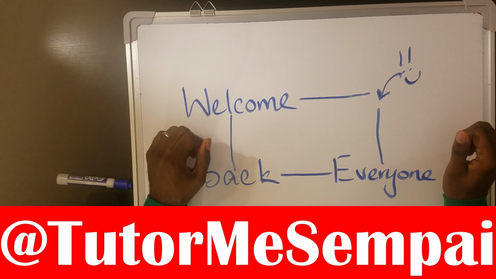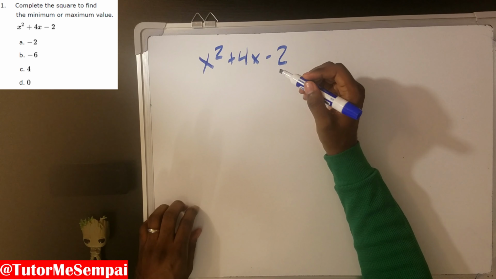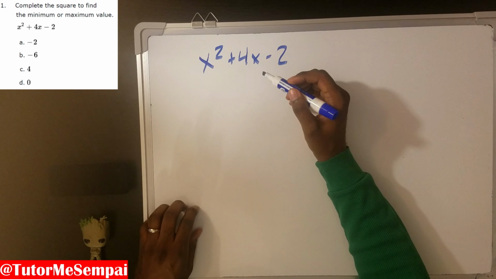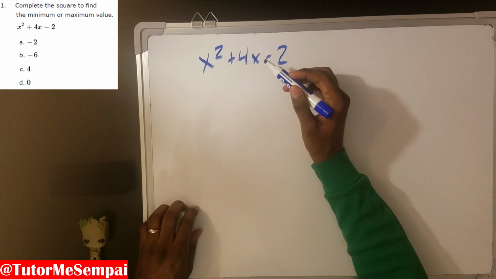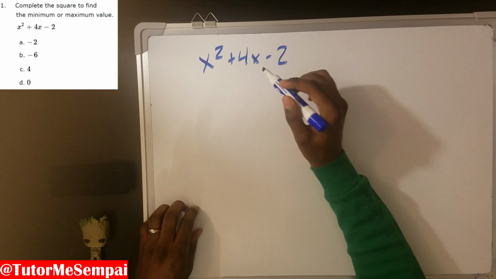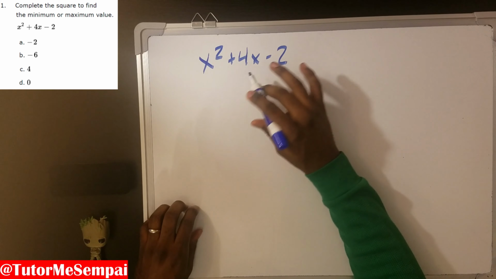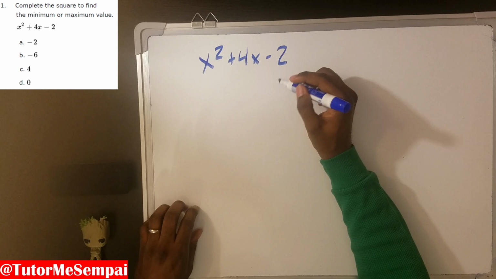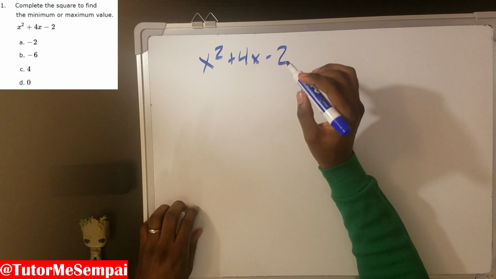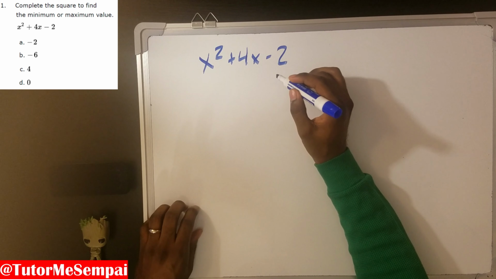Without further ado, let's jump straight into our question for today. So today's question is going to ask us to complete the square in order to find the minimum or maximum value of our function. Now, I don't want you to get confused, so before we jump into doing all the steps for completing the square, I want you to realize what this question is asking.